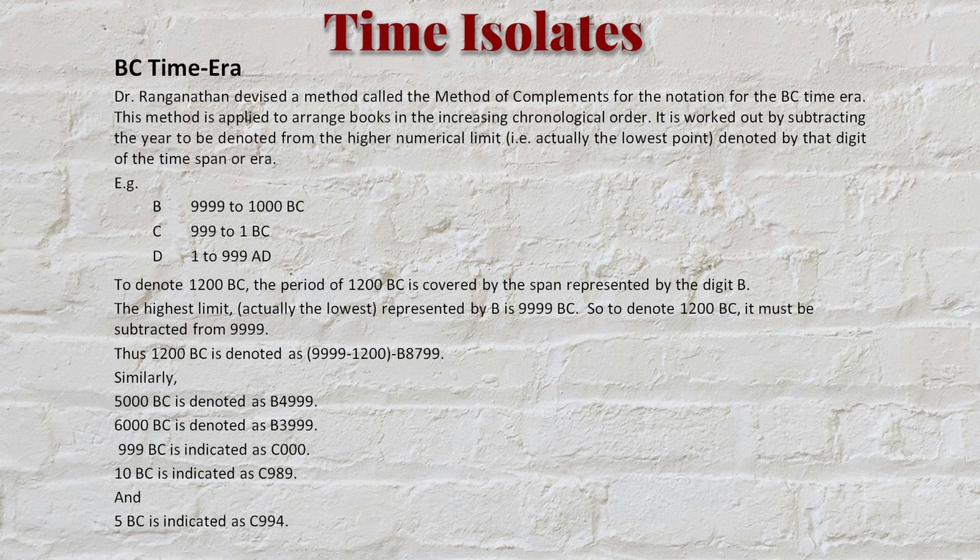Capital C denotes 999 to 1 before Christ era.